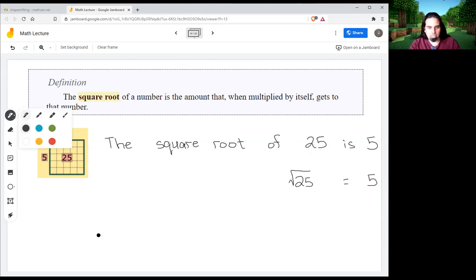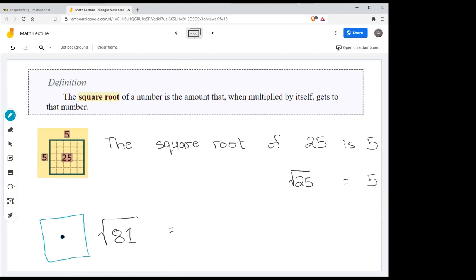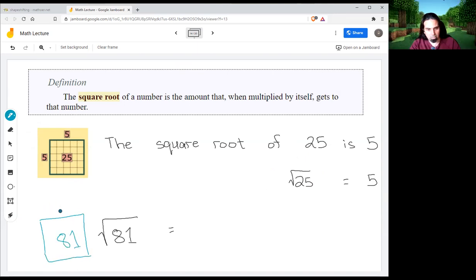If we did instead the square root of 81, what would that one be? Nine. If I have 81, that's 9 times 9.